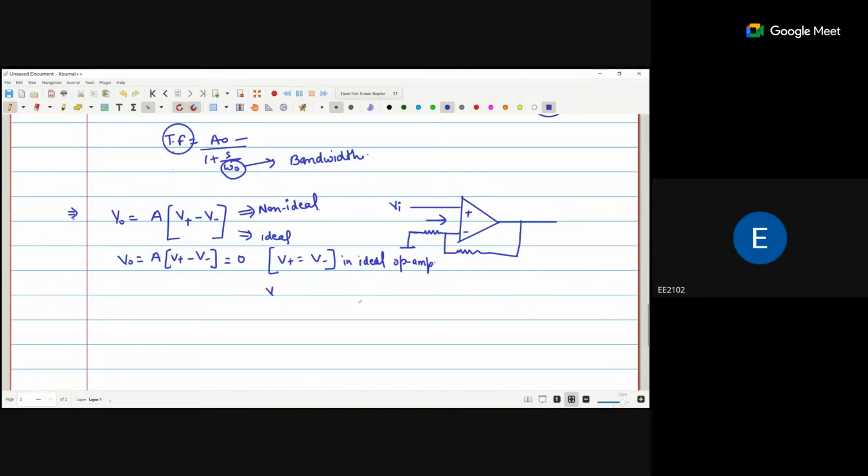In the non-ideal case, V plus is not equal to V minus. Clear? So with the change from ideal to non-ideal, everything will change.